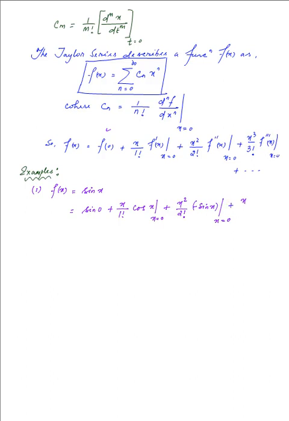and we continue like that. We have x cube over 3 factorial minus cosine x, which is the derivative of the previous term that we obtained over here, and then we set x to 0.